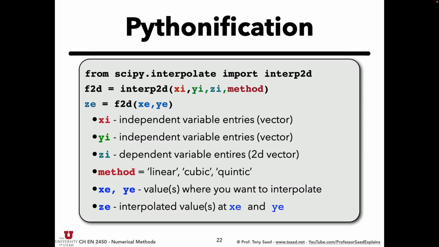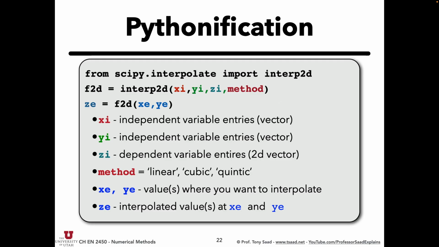But for 2D interpolation in Python, you import from scipy.interpolate, you import interp2d. So interp2d takes 2-dimensional data, xi, yi, those are the independent variables, so temperature and pressure, for example. Zi is your response, or the quantity of interest, which is the dependent variable, in this case, specific volume for the example.